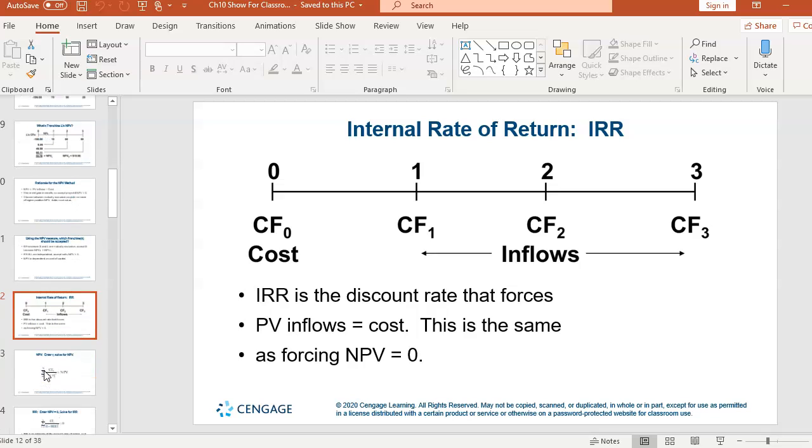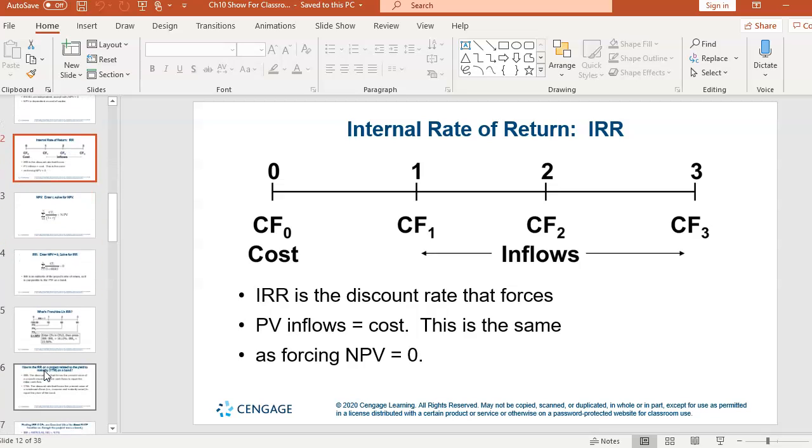Okay, so then the next method that we use called IRR, which is the internal rate of return. IRR is the discount rate that forces the present value of cash inflows to be the same as cost. So whatever rate returns the NPV to 0 is the IRR.